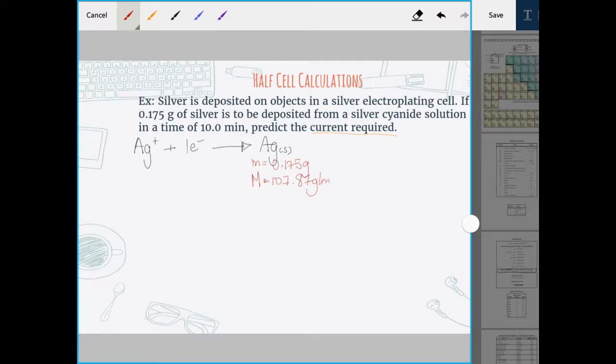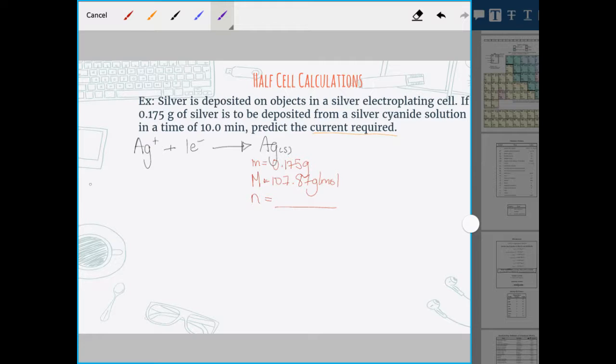grams per mole. All right, and we can calculate moles here. Now, I also know that with my electrons here, I need my electrons for current. Current is all about my electrons and the movement of those electrons.